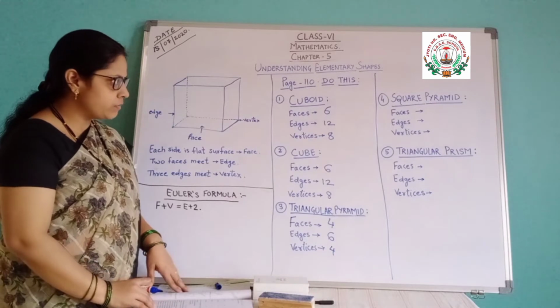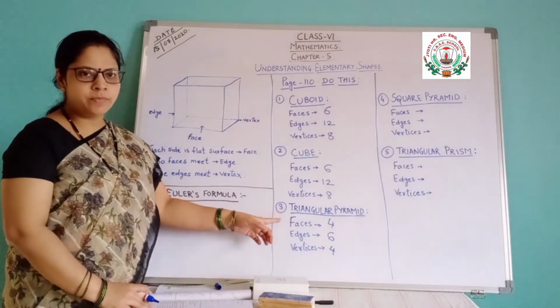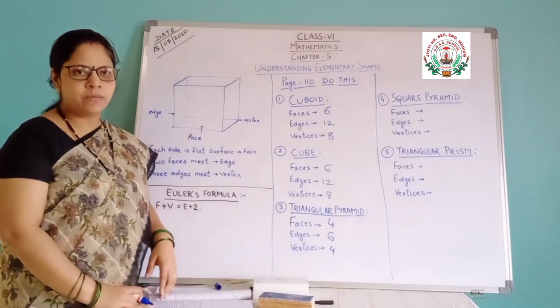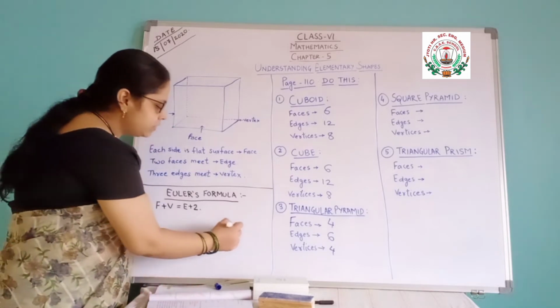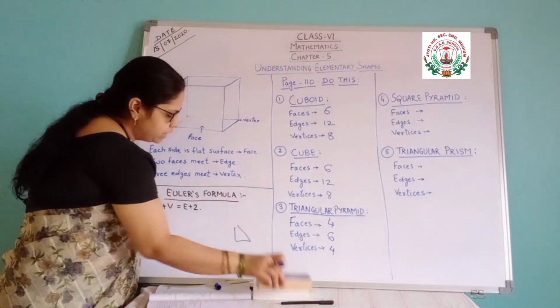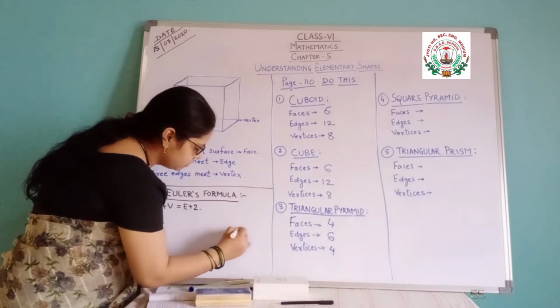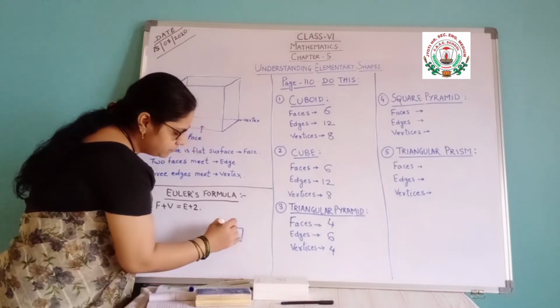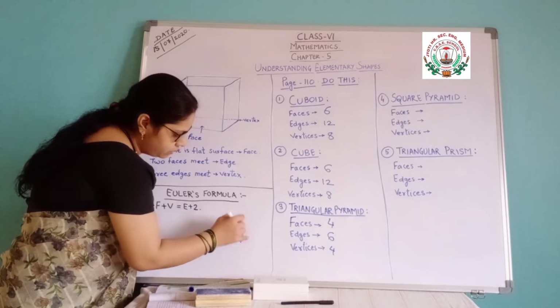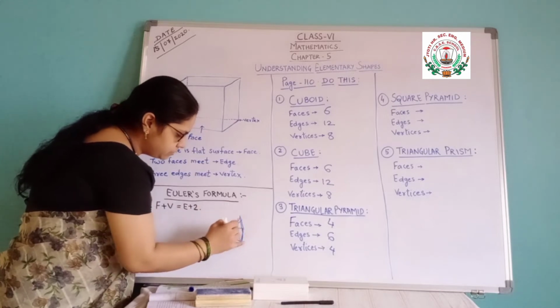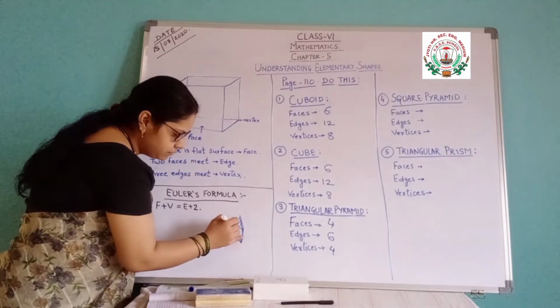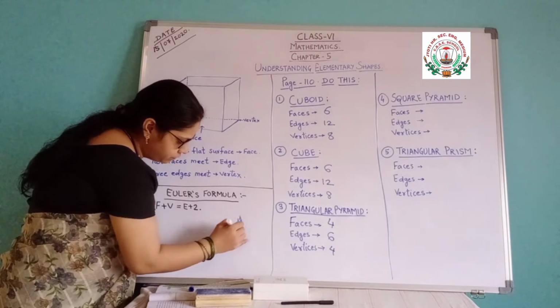Now next is the square pyramid. Just like this triangular pyramid, we will have the square pyramid. The square pyramid will have one square at the base, and one going from this side, one from this side, one from this side, and one from this side.